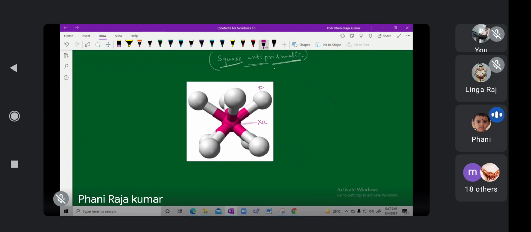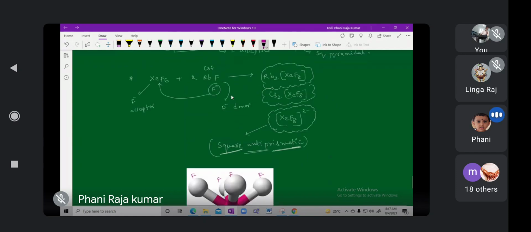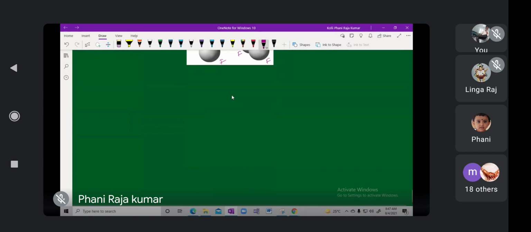The top 4 fluorines, bottom 4 fluorines. With this shape, we have two important species, one with rubidium, another one with cesium. Square antiprismatic structure is obtained when XeF6 reacts with fluoride ion donors. Next point.